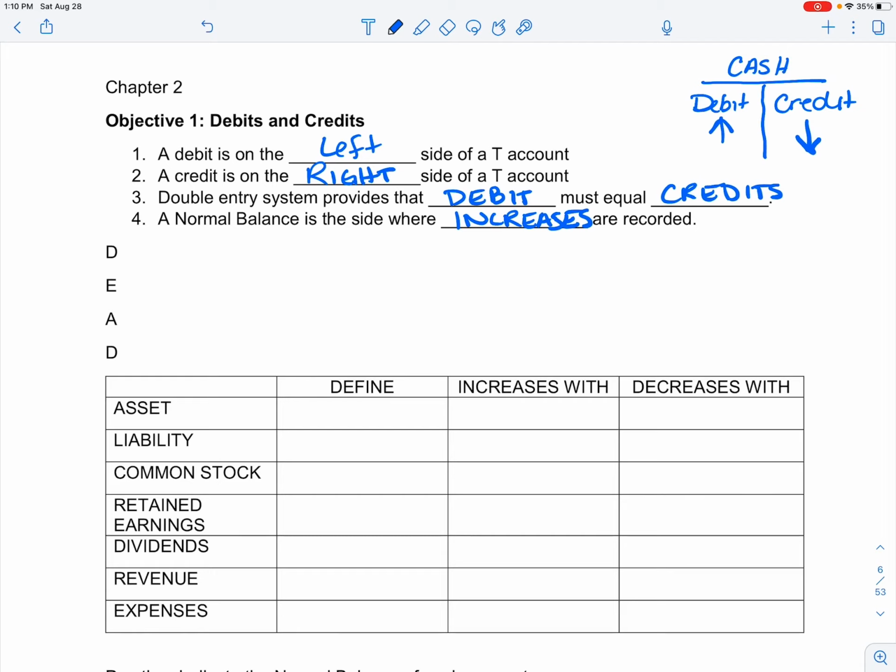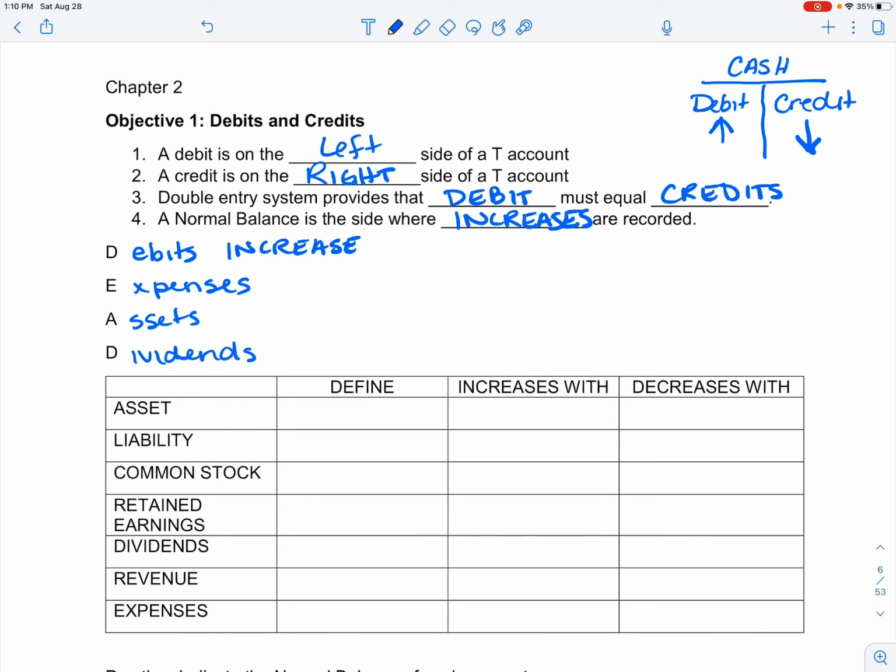This is helpful by learning this acronym DEAD. Accounting makes you feel dead, where debits will increase dividends, expenses, and assets.